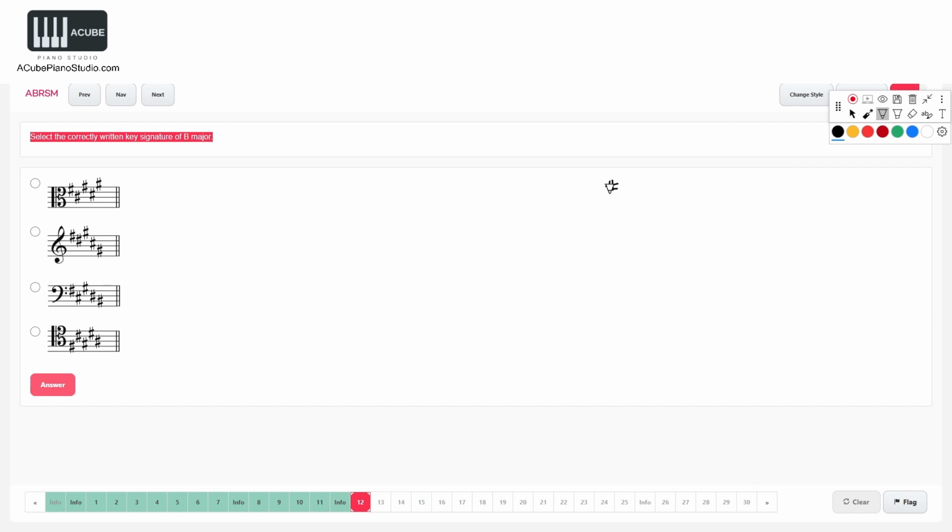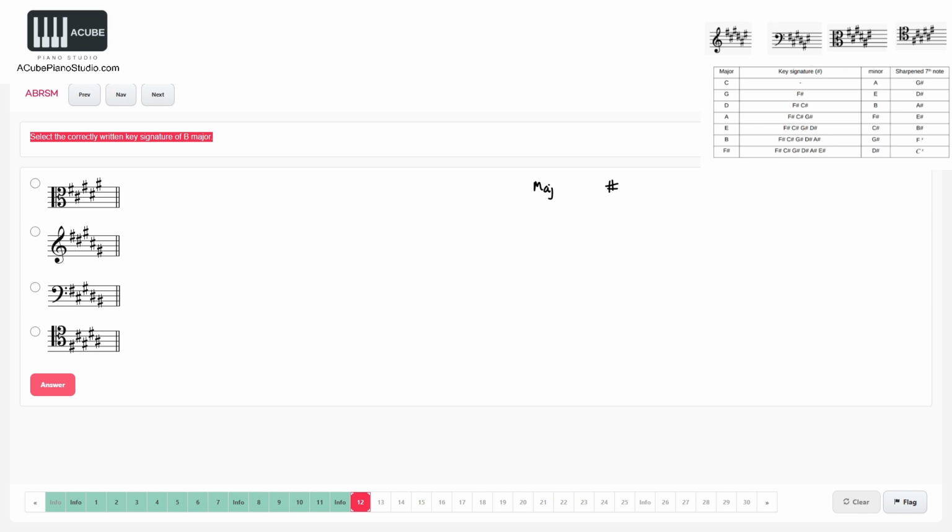So you will write this sharp, then major, minor, okay, then it starts off with C major, A minor, then G major, E minor, then you have F sharp as the key signature, D major and B minor, so you have F sharp and C sharp, A major and F sharp minor, and the key signature will have F sharp, C sharp, and G sharp. E major and C sharp minor, key signature F sharp, C sharp, G sharp, and D sharp.